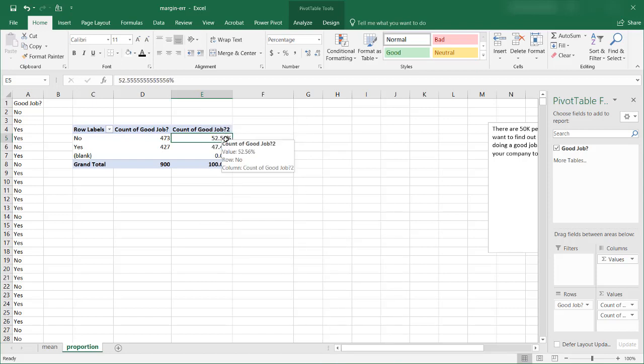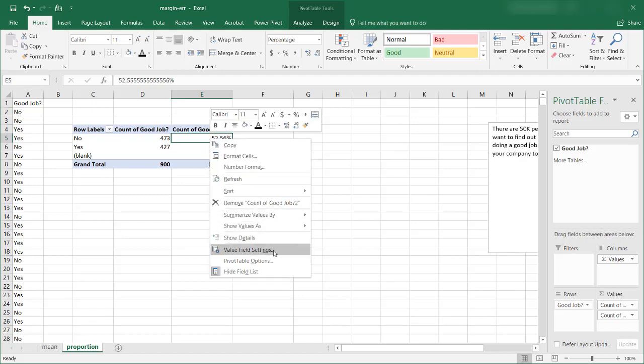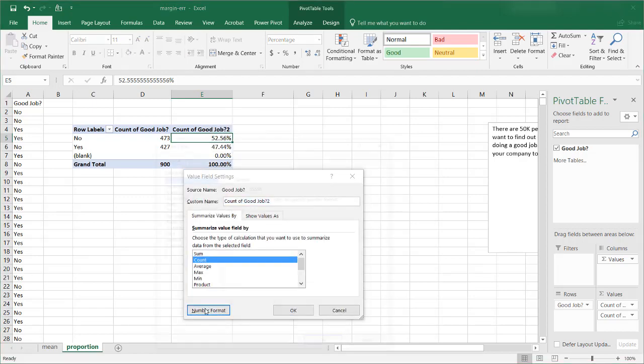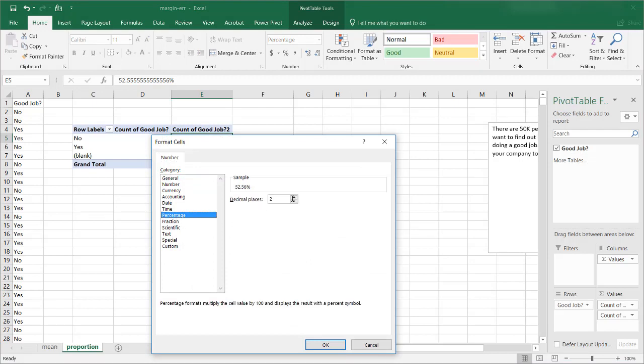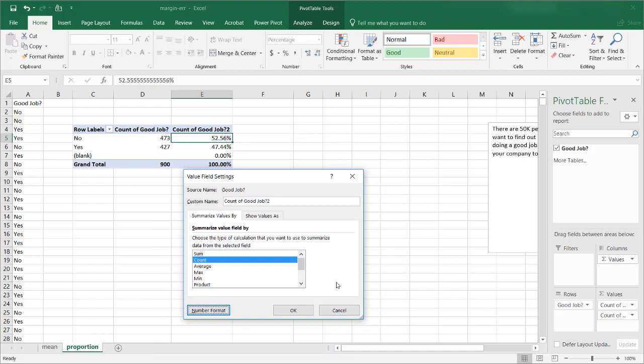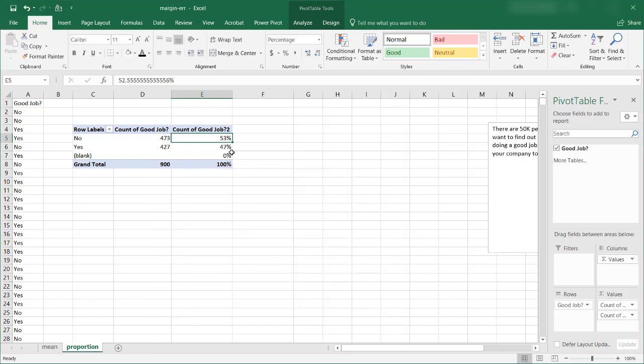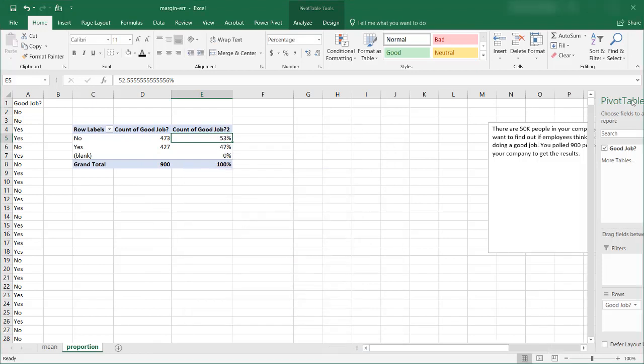So this is 52% or 53%, and that's 44%. Let's not do the decimal places. Right click, value field settings, number format, percentage, but we don't need the decimals. Click OK, click OK, and now we have 53 versus 47%. I'm going to close this now.